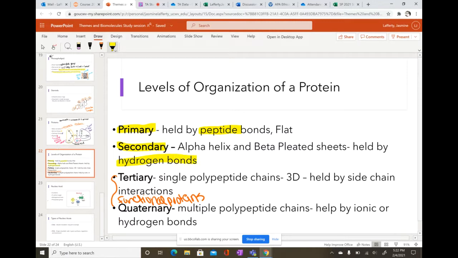So remember, these are the alpha helixes, which are the kind of swirls, and the beta pleated sheets, which are like the kinks. Now, it's very, very important to know that these are still 2D. They are kind of kinked and bent, but they're 2D. So they're not functional yet.